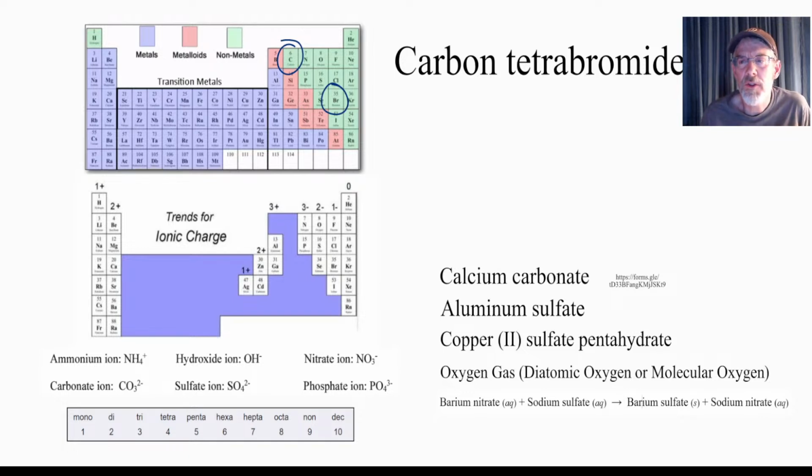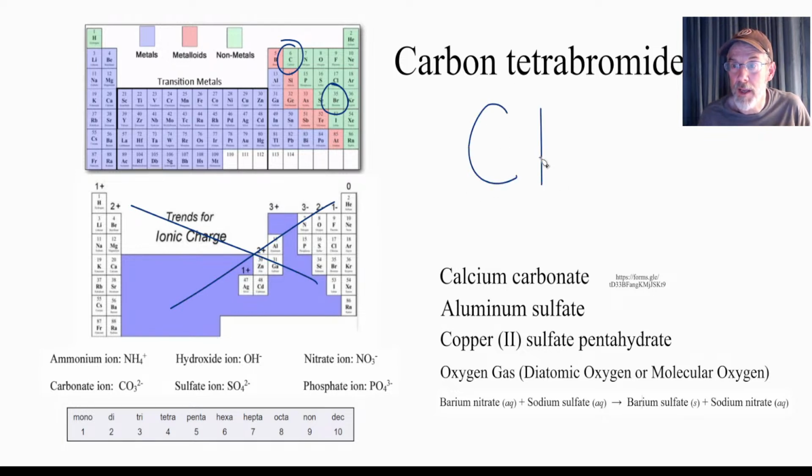So in this case, you should note that you have a prefix in front of bromide. So that already tells you it's going to be a covalent compound. You're going to have 2 nonmetals here. So when it's covalent, it's kind of nice. You don't have to worry about charge. All you got to do is write carbon and then bromine and tetra. Tetra means 4.